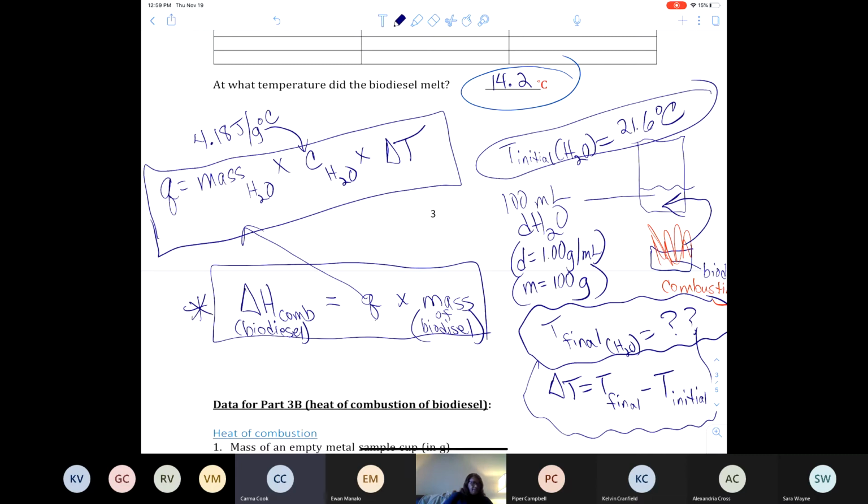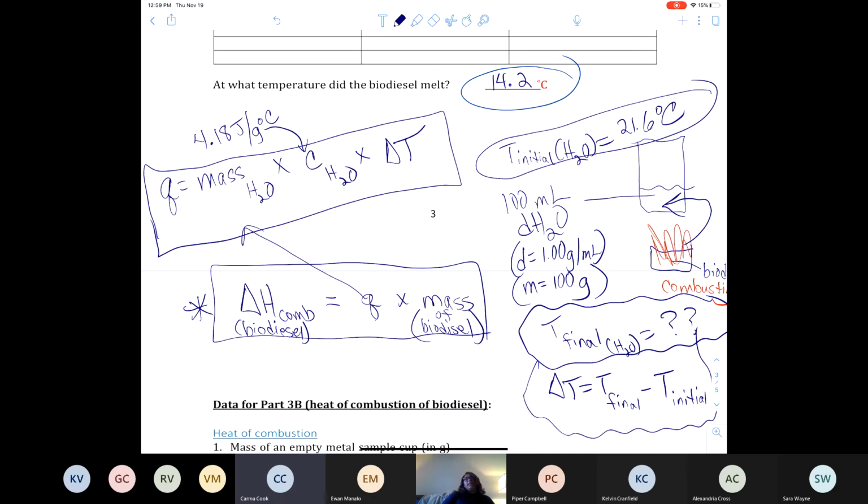But in order to calculate the delta H of combustion, you first have to calculate how much heat the water received from the biodiesel. And we're going to assume, using the first law of thermodynamics, that none of our heat is lost, that all of it is transferred to the water.